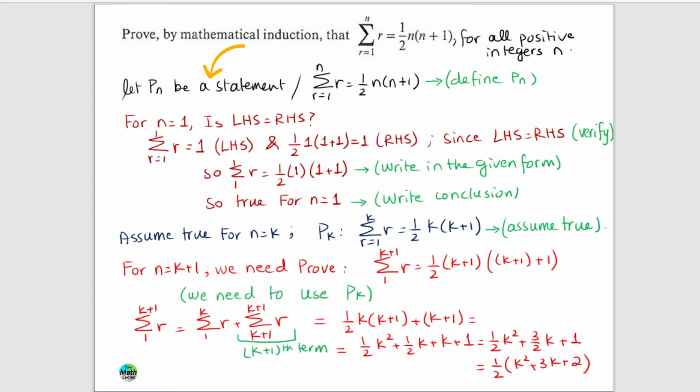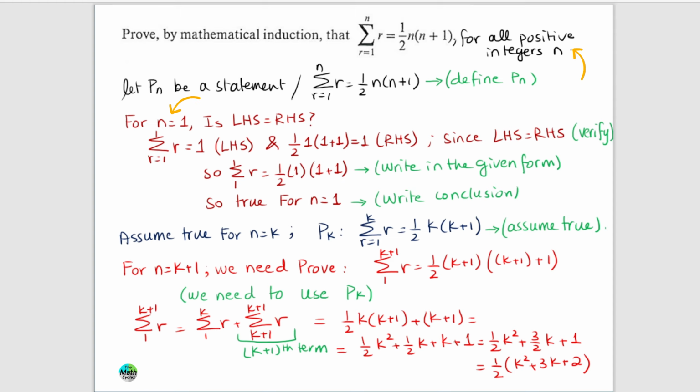So we say let Pn be a statement such that the summation of r equals 1 to n equals half n into n plus 1. This is just for us to be able to use pk plus 1, p1 if we want. You can actually omit this step, but don't mention any pk or p1 or anything later.